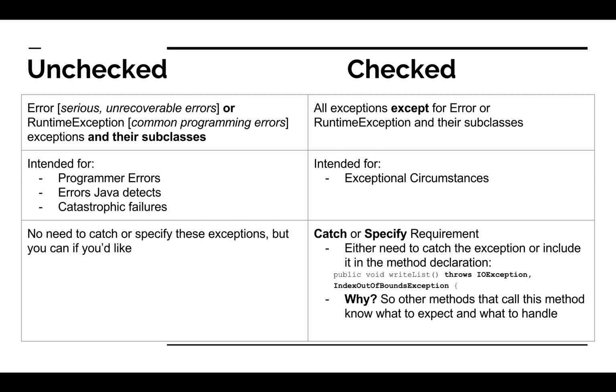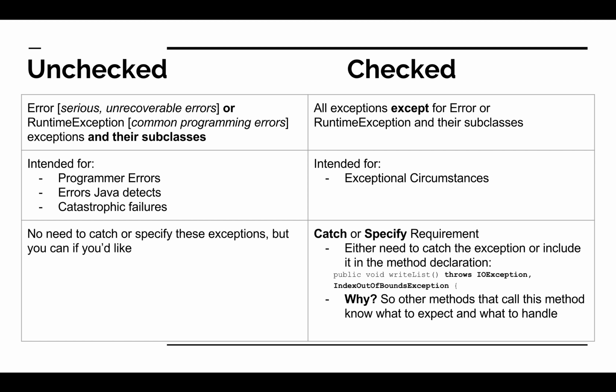Okay. Do you mind explaining again, what's the point of adding throws? It could be that your method is a small method that helps another method out, for example. And if your method doesn't specify that it might throw this exception, then the other method that's calling it won't know that.